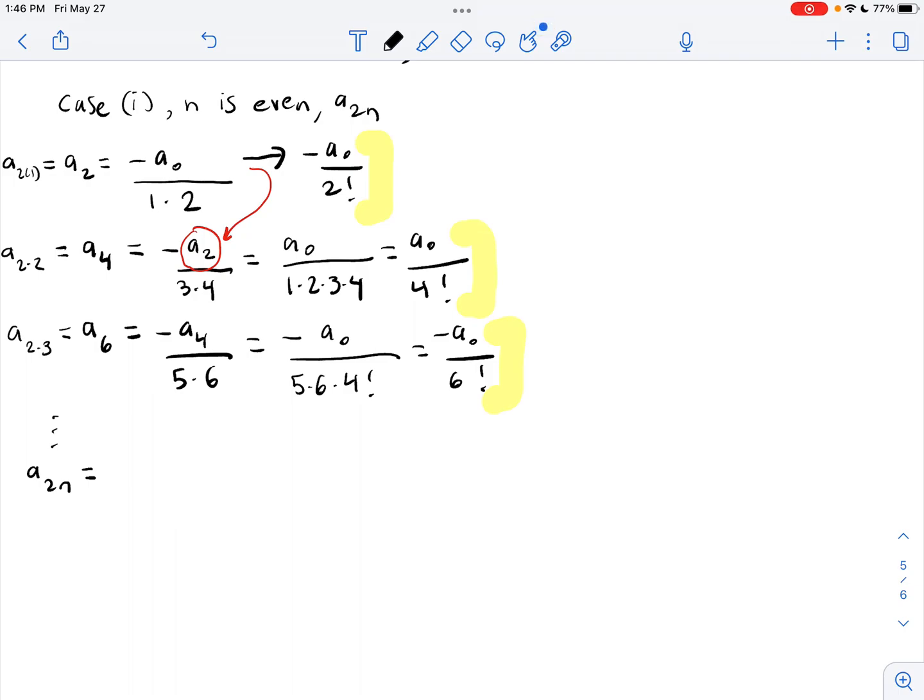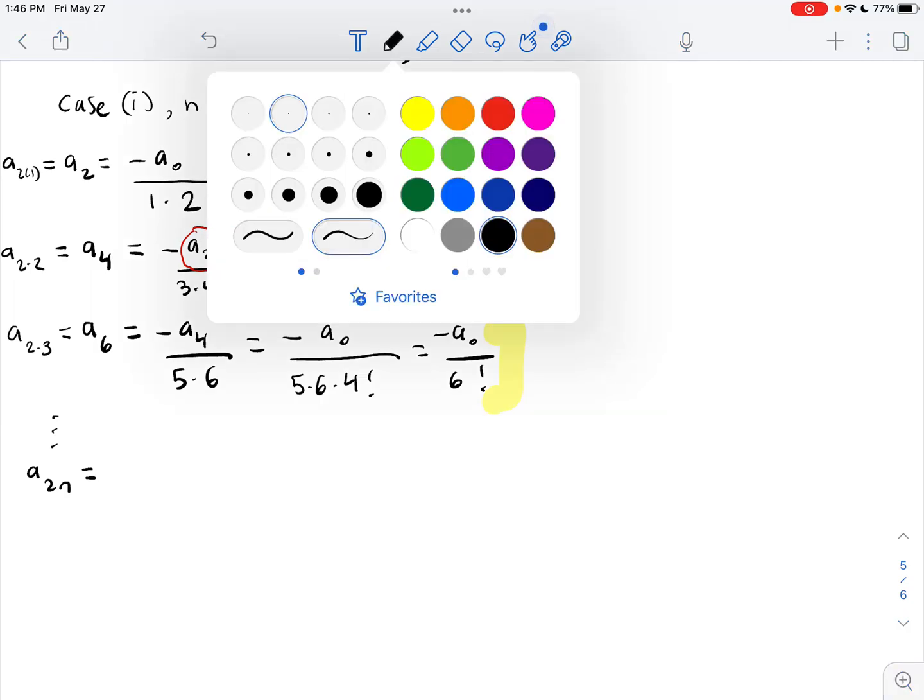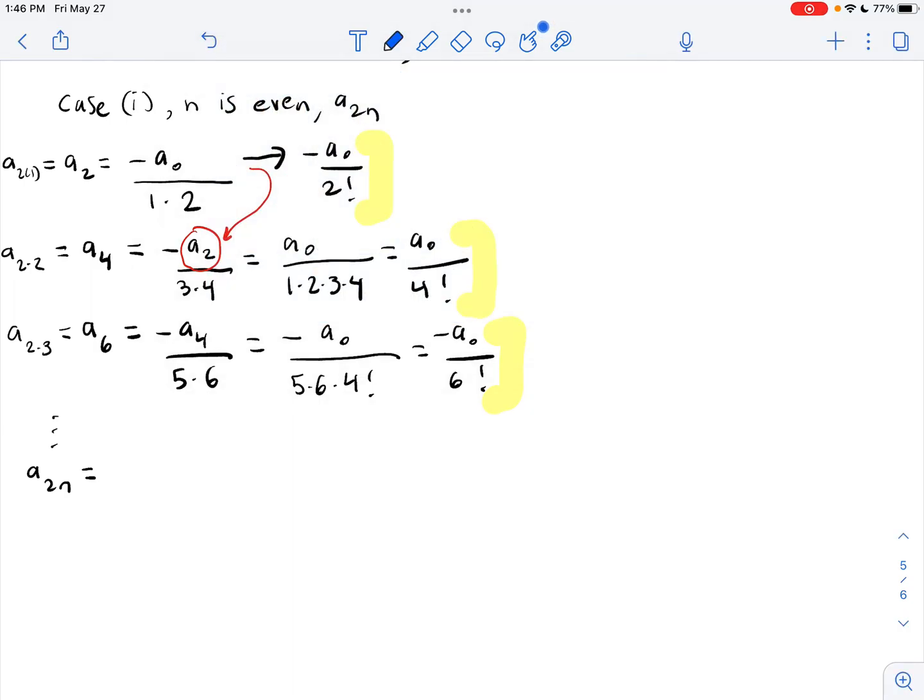Okay. Well, here's something to notice, right? I'm going to use blue to underline this. Notice that whatever number we have here, that's what appears in the factorial, right? 4 became 4 factorial. 6 became 6 factorial.